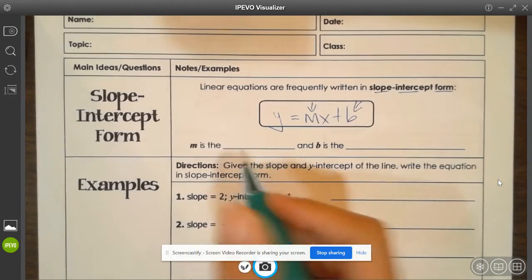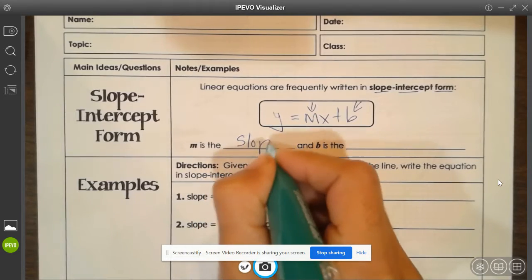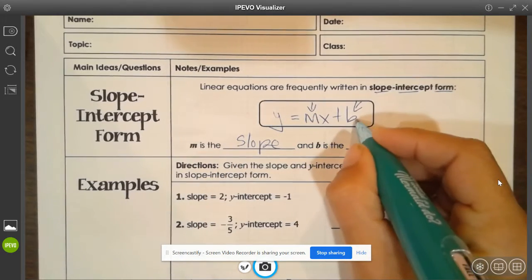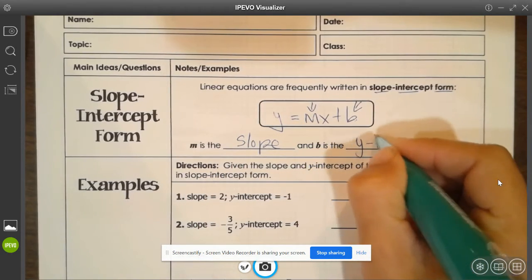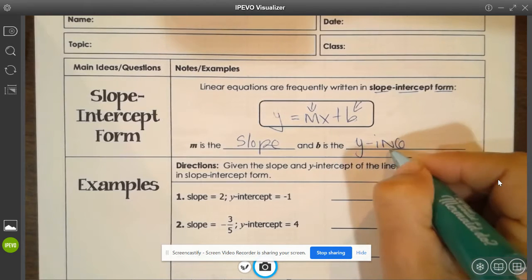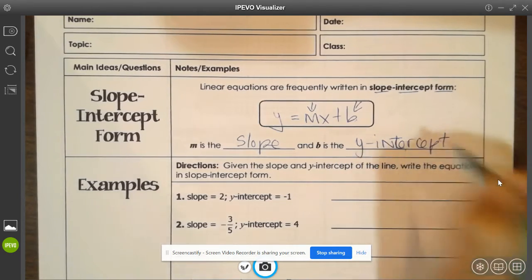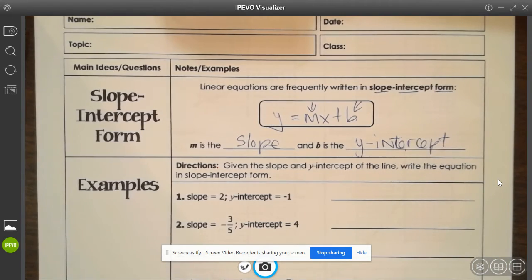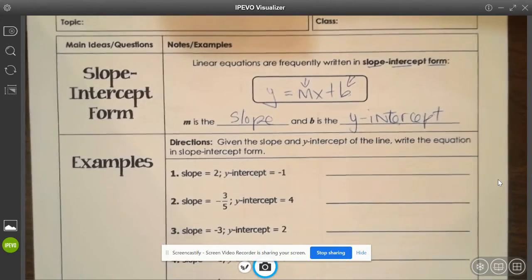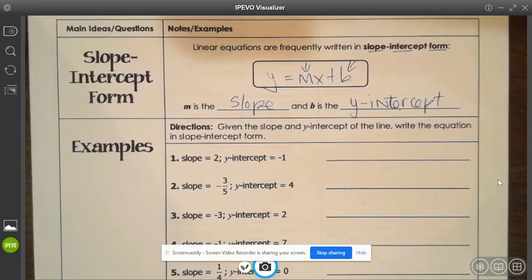So m is the slope and b right here is the y-intercept. Intercept means that it touches y, right? So the y-axis. All right, we're going to see how that looks.